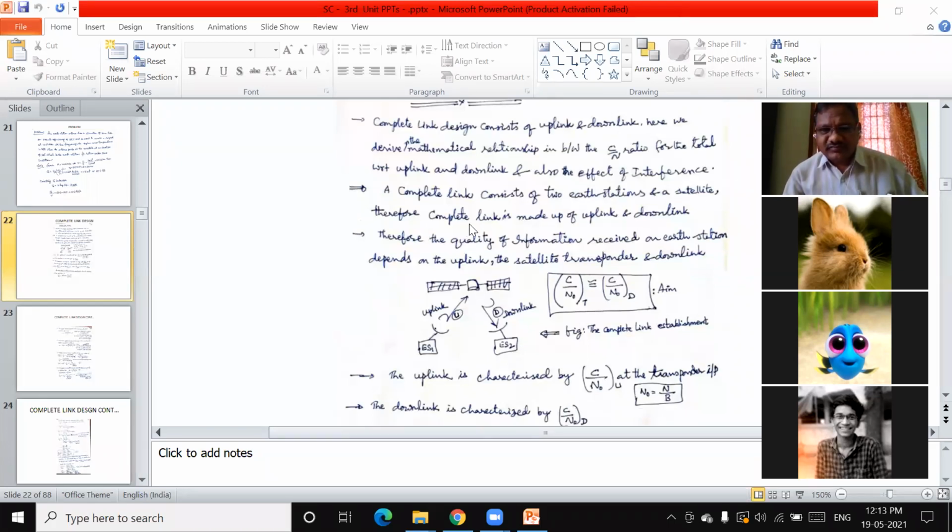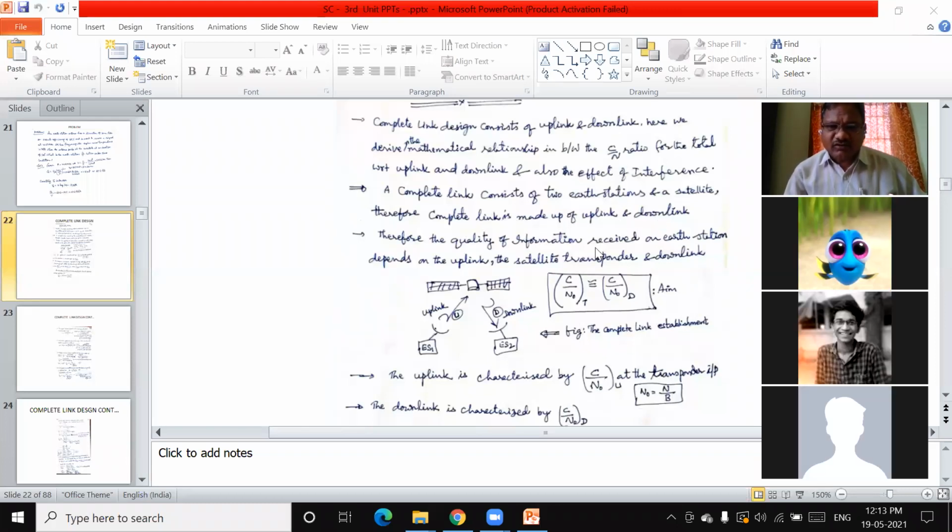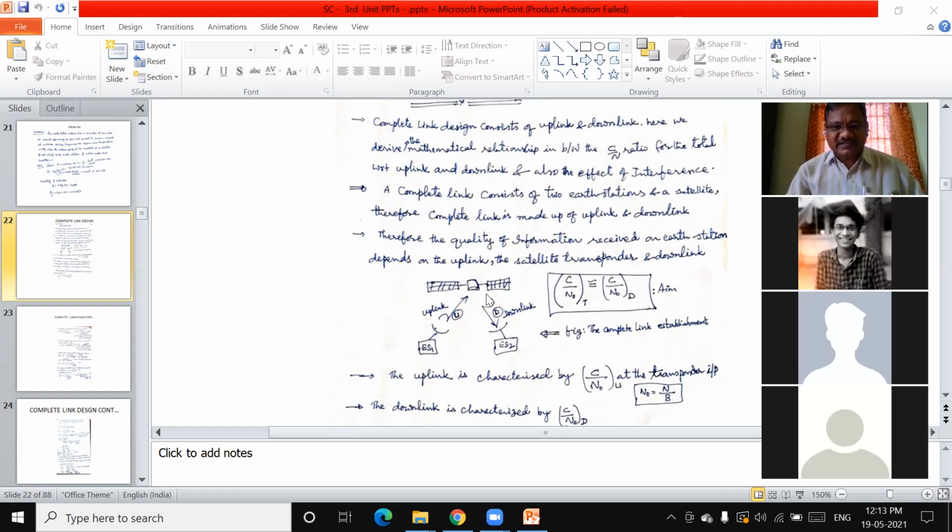Therefore, complete link design is made up of uplink, downlink, and therefore the quality of information received on the earth station depends on the uplink. This is the uplink, and the satellite transponder's efficiency or performance, and the downlink.